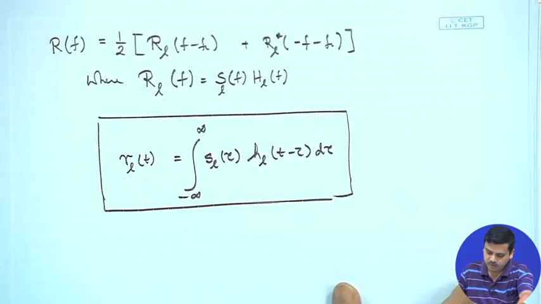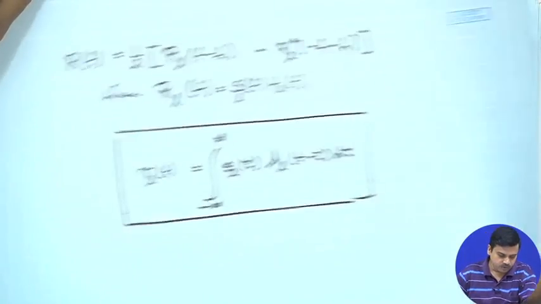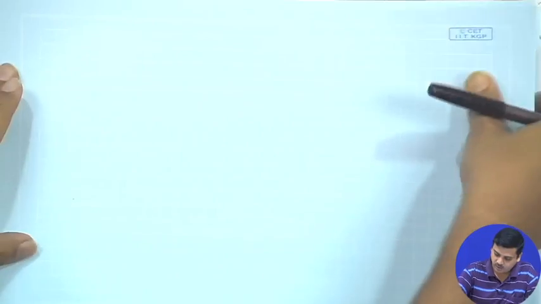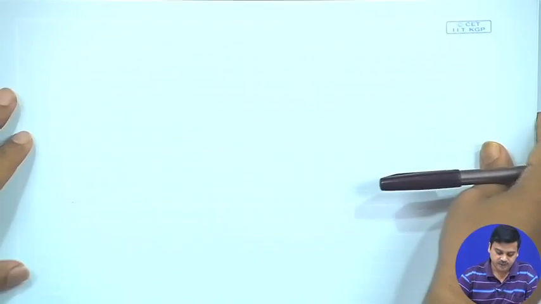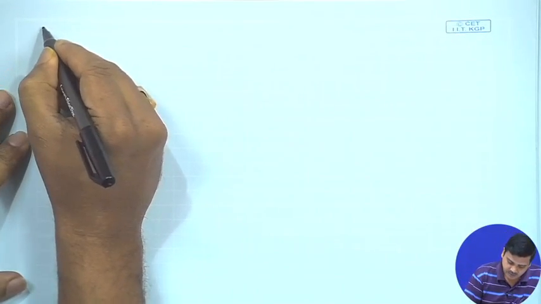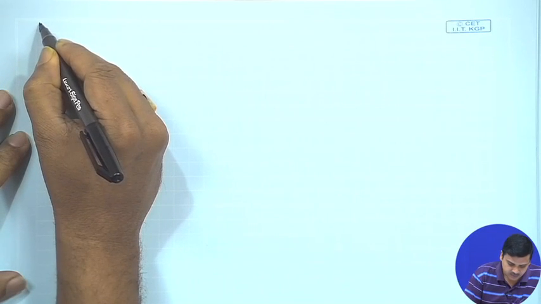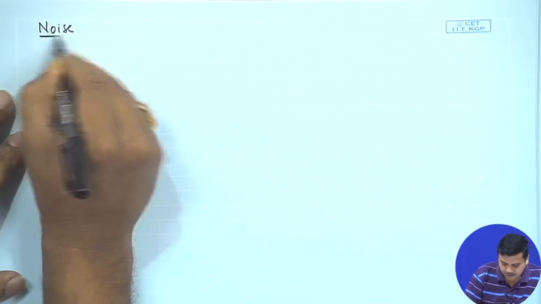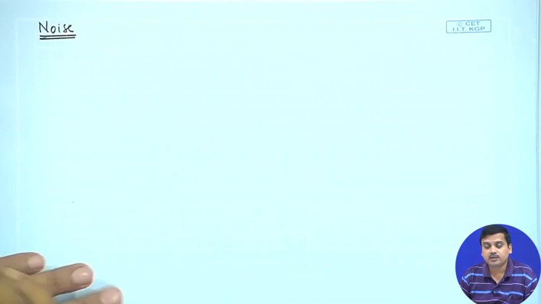So, we continue in this same mode, but now what we would like to do is look at noise. Noise is very important. So, we said in the beginning noise is one of the important aspects. So, when you talk about noise, of course, what we are going to do is apply our results to noise.